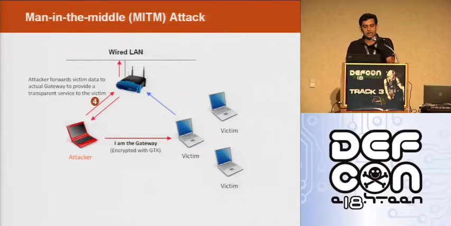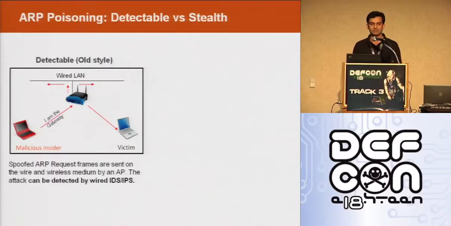Now one can ask, what is the difference between this and the old style, conventional style of ARP spoofing attack? No matter if you are using a WPA2 network, I can always use an ARP spoofing attack. I can always launch an ARP attack to do man in the middle. So in this old style ARP spoofing attack, your packet first goes to the access point.